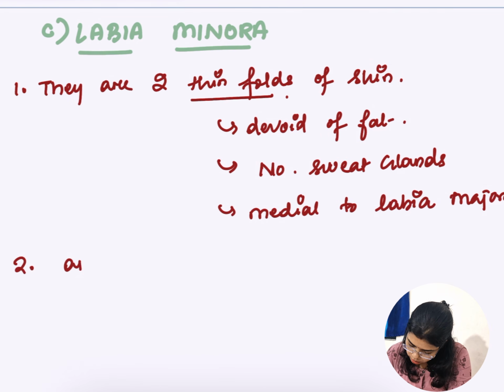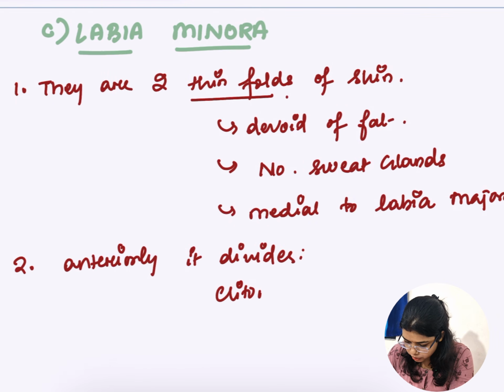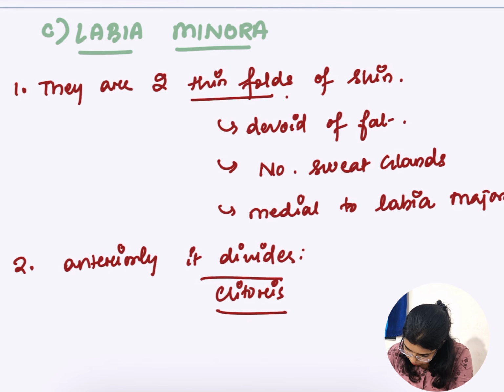Fine. So anteriorly, in relation, the labia minora divides. Who divides it? The clitoris. Anteriorly they unite with each other in front of the clitoris and form the prepuce, and behind the clitoris they form the frenulum.